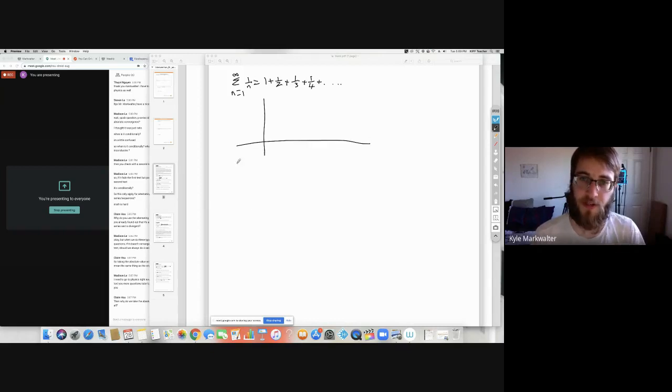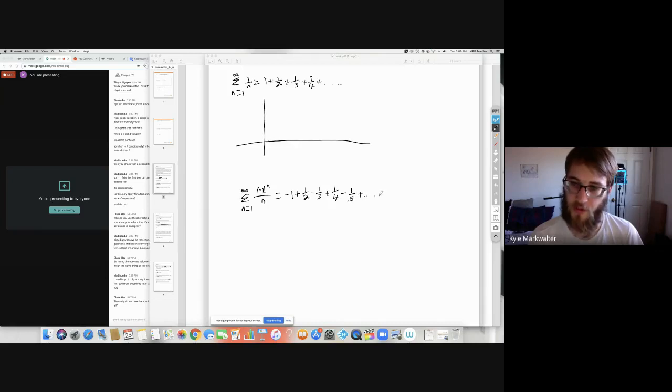We're going to compare it to the alternating harmonic series, -1 to the n or -1 to the n plus 1, whatever you want that to be, over n, which looks like this. In this case, it would be -1 plus half minus 1/3 plus 1/4 minus 1/5 plus, and so on and so forth.